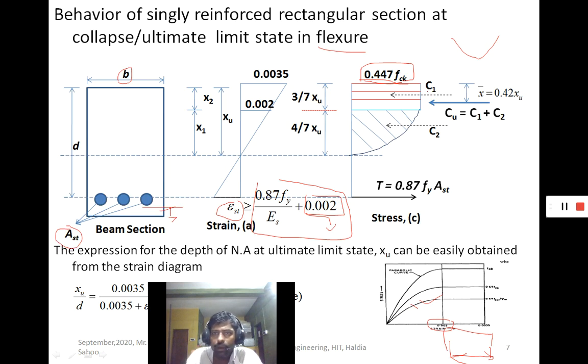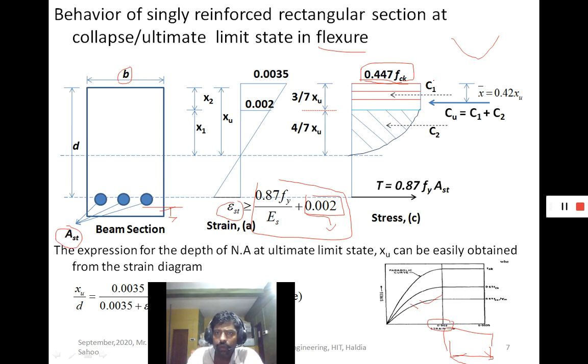Now this total stress block is divided into two parts, one rectangular and another parabola. The rectangular stress block exerts a compressive force, because concrete is taking the compression.